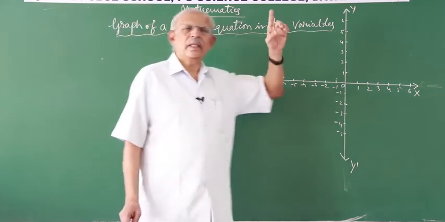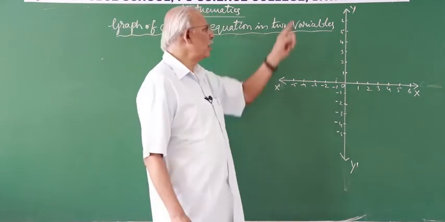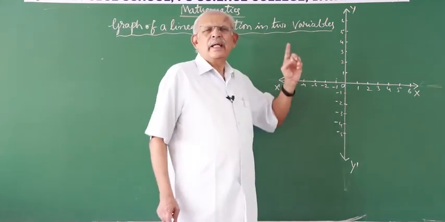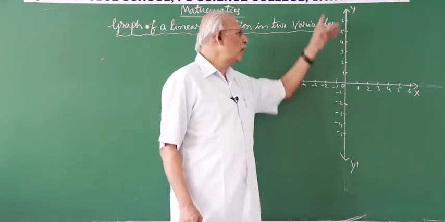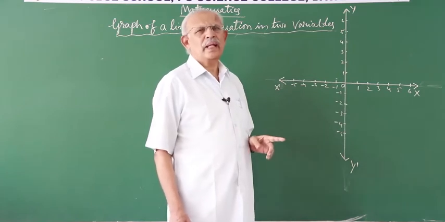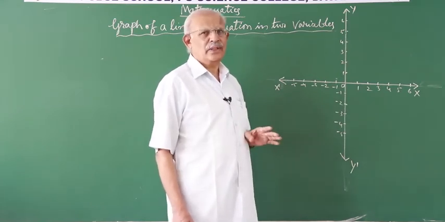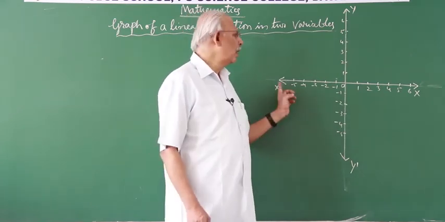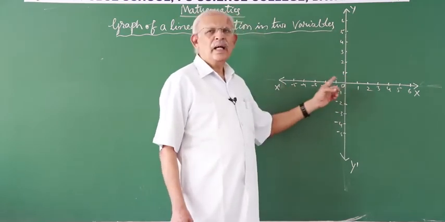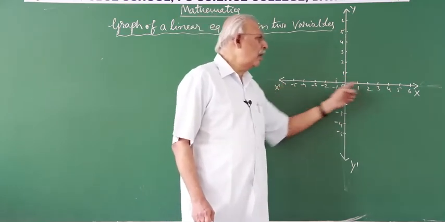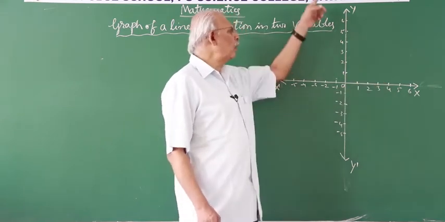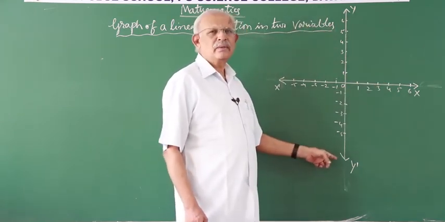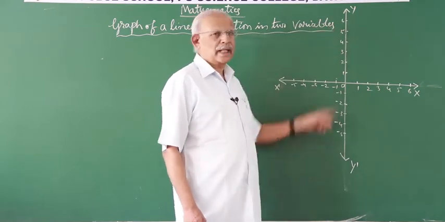You know, in coordinate geometry, you have learnt that a Cartesian plane is formed by drawing two perpendicular lines on a graph sheet. Look here. Here I have drawn this horizontal line. It is called the x-axis, and the vertical line is called the y-axis.